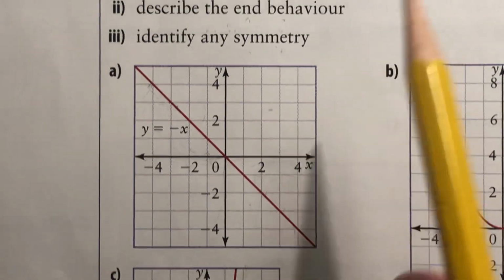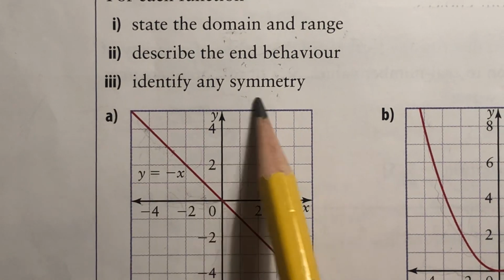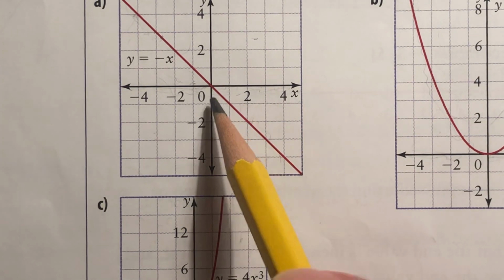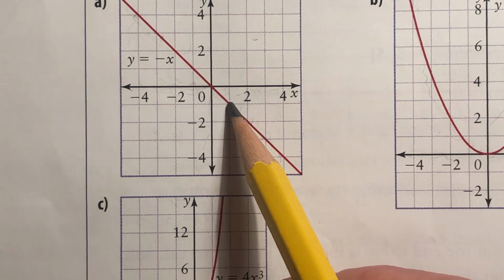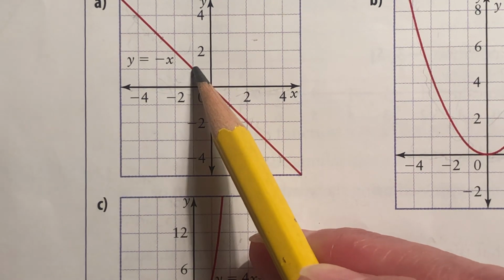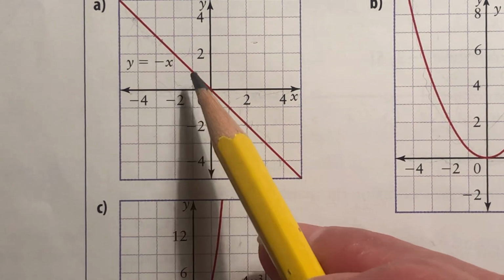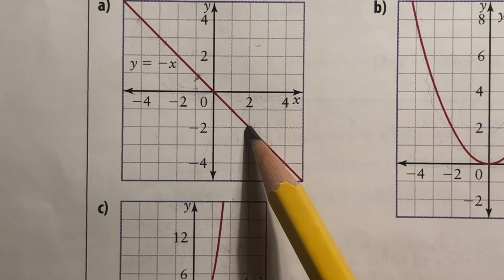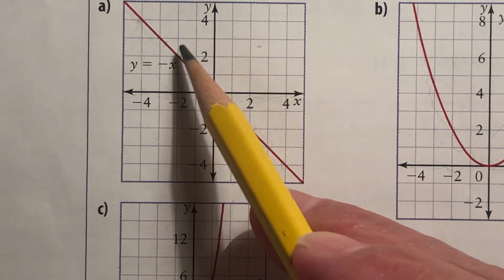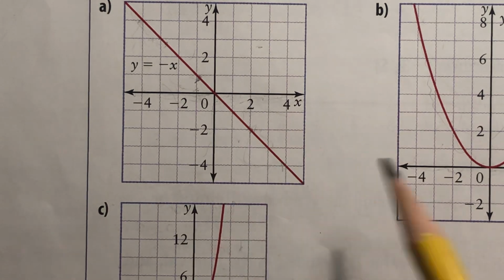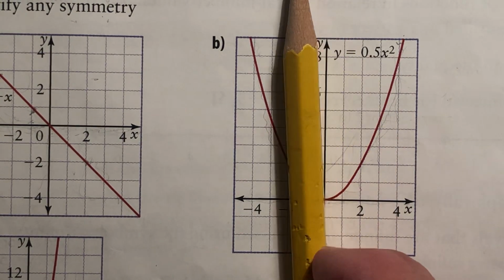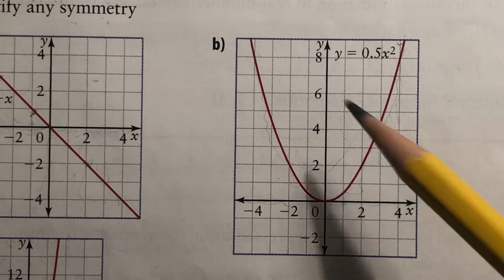Now the third part is called symmetry. Is there a symmetry here? Yes, it's point symmetry. Because you look at this point, you turn 180 degrees, you end up here. So this point is still on the graph, so it's point symmetry. You turn this 180 degrees, it goes to here. So it's point symmetry. This one is very obvious. It's symmetrical with respect to the y-axis. So it's a line symmetry.